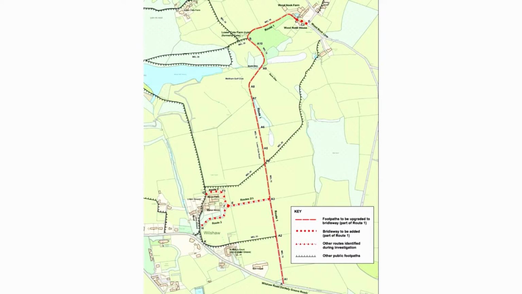So, in relation to application 1, it's recommended that members authorise the making of an order to modify the definitive map and statement, to upgrade the recorded status of Meltham 70 and Meltham 38, or part of Meltham 38, between points A and C, from footpath to bridleway, and to add a bridleway from point C to Woodnock Lane at point D. That's as paragraph 2.34 in the report.